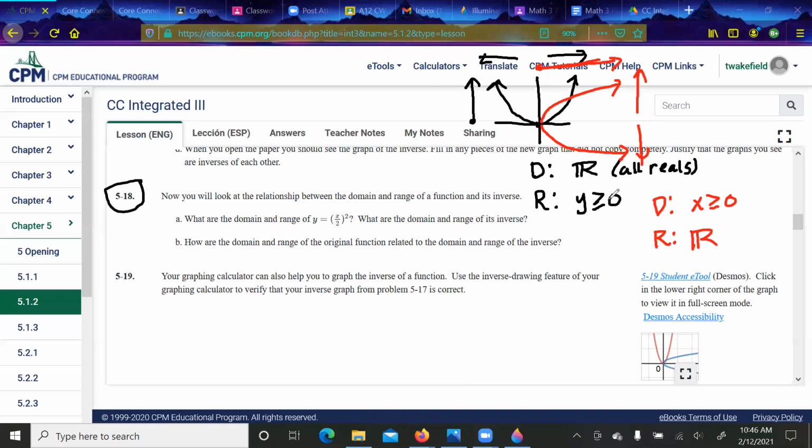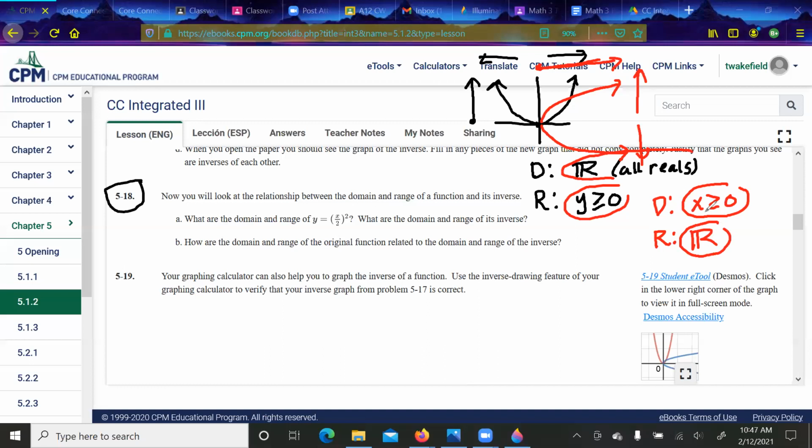So is there a relationship between this domain and range and that domain and range, between the function and the inverse? What's the relationship? They're just flipped. They're flipped, they're swapped, right? Good. This range becomes your domain now, but you do want to change the y to an x, right? So it's still greater than or equal to 0, but this is going to be x is greater than or equal to 0. And this all reals became this all reals for the y.